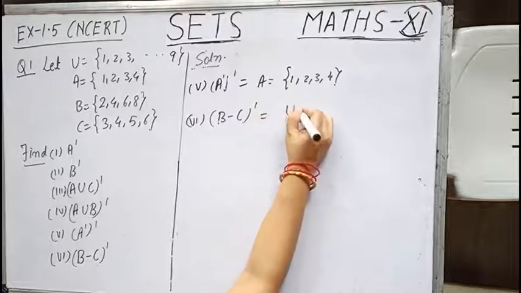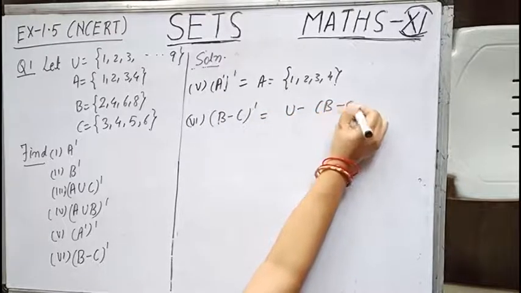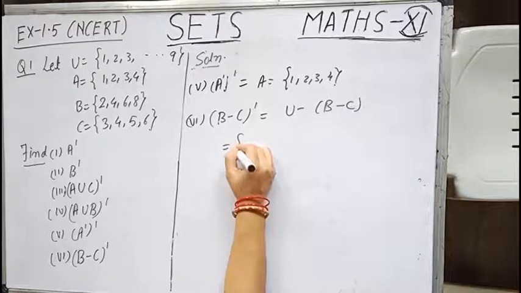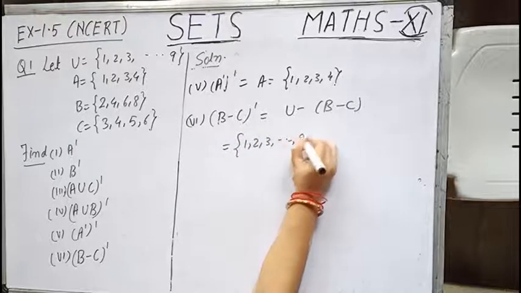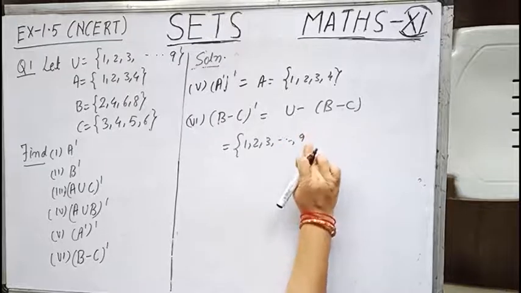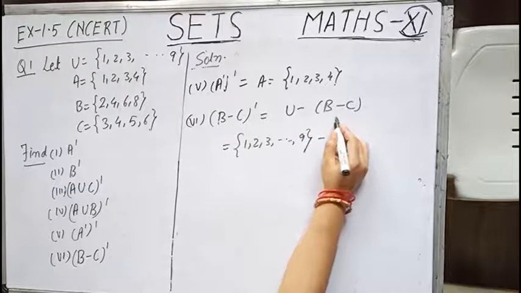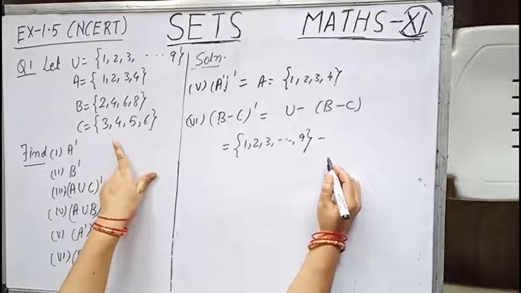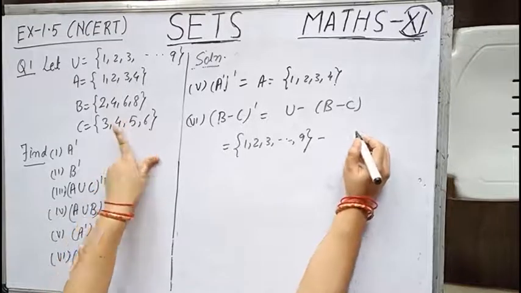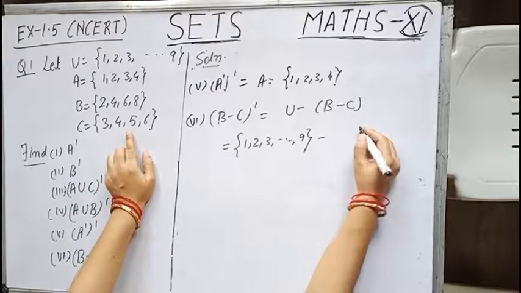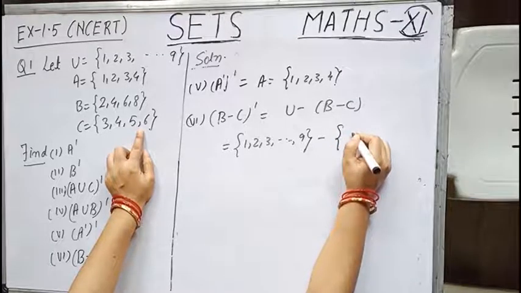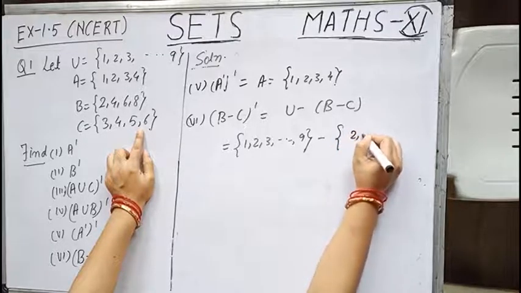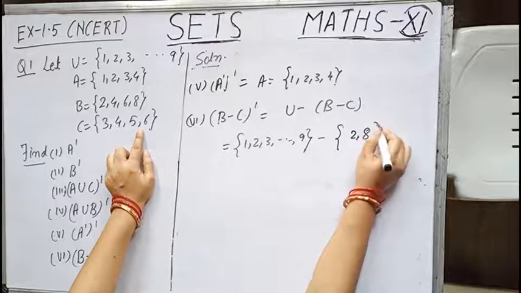So this will be equal to U minus (B minus C). Now this will be equal to the set containing 1, 2, 3 up to 9 minus (B minus C). Now B minus C: B is 2, 4, 6, 8, and 4 and 6 are common. So B minus C is 2 and 8.